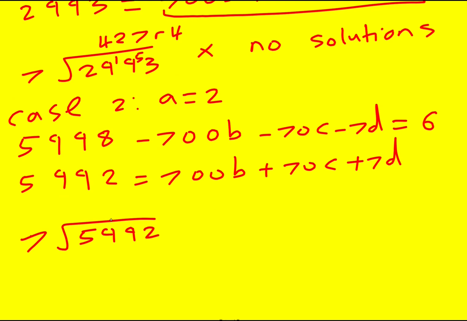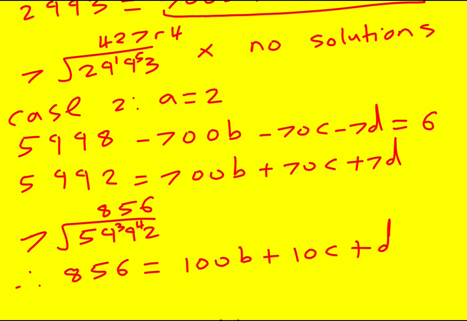So 7's into 59, go 8, remainder 3, and 5, remainder 4, then 6. So 856 is equal to 100b plus 10c plus d.